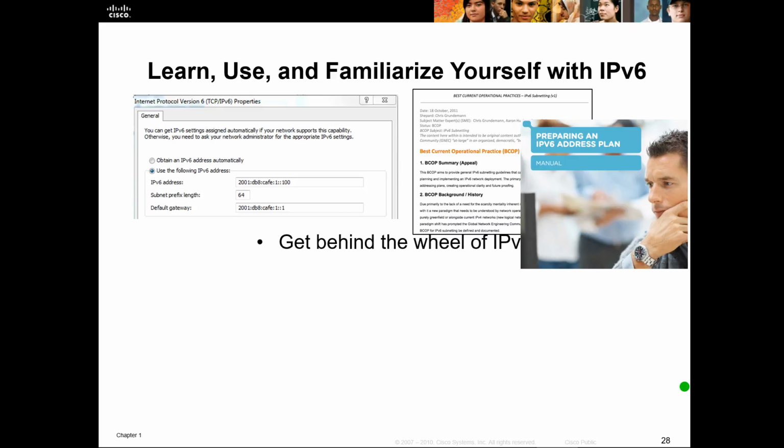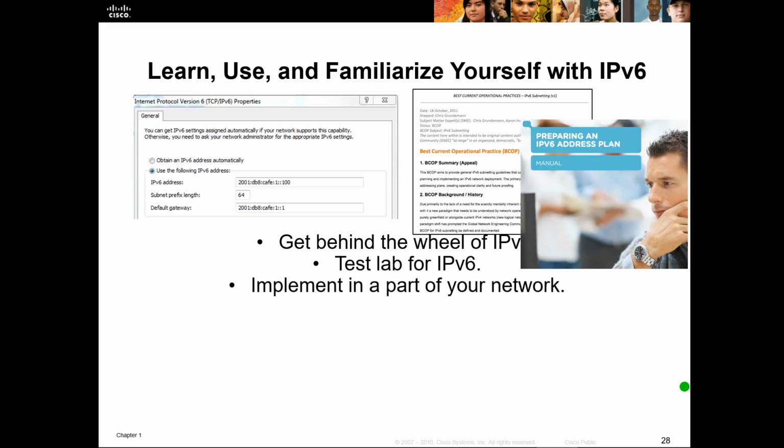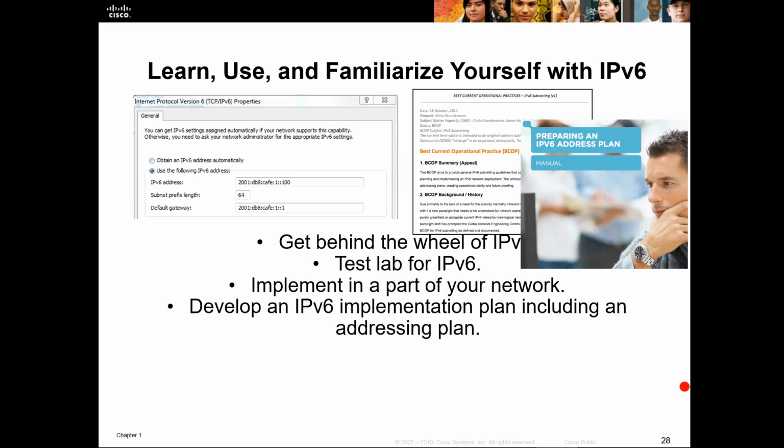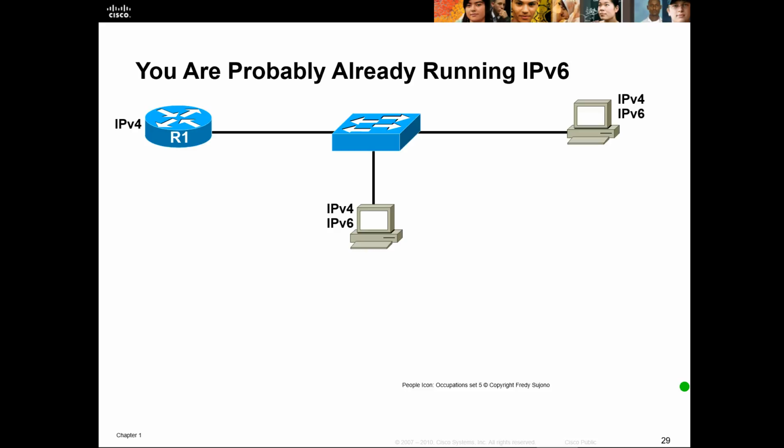So get behind the wheel of IPv6: do test labs, implement, test, verify, develop, get plans. However, you're already probably running IPv6 if you have Windows. But not just Windows. Anything with macOS or Linux is already running IPv6. It's part of that auto state configuration. It's auto doing it for us.